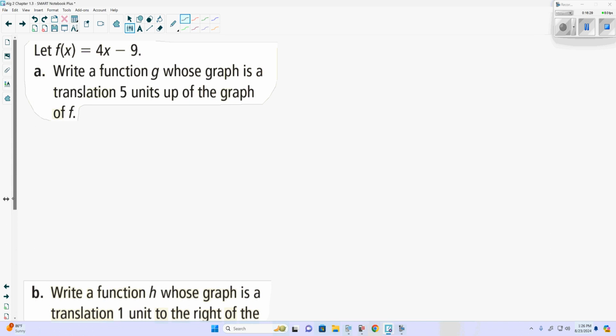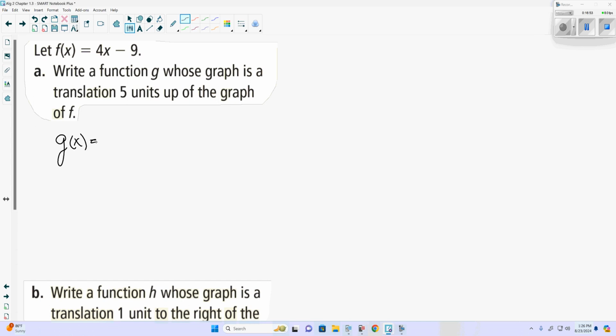F of x equals 4x minus 9. We want to write a function g whose graph is a translation 5 units up of the graph of f. So our new function's name is going to be g of x. We stick with x because x is our input.